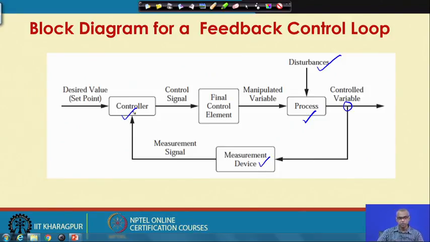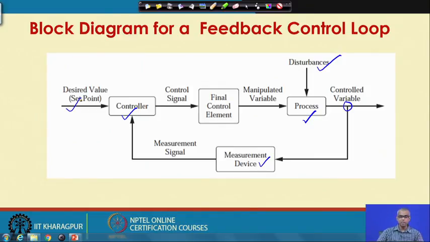Controller has information about the desired value which is known as set point. So, controller knows what should be the desired value or set point of the controlled variable that you are going to control. So, controller compares the measurement signal and the set point and generates an error signal.